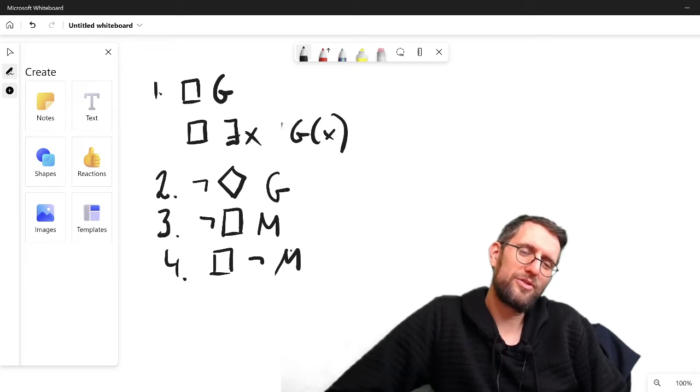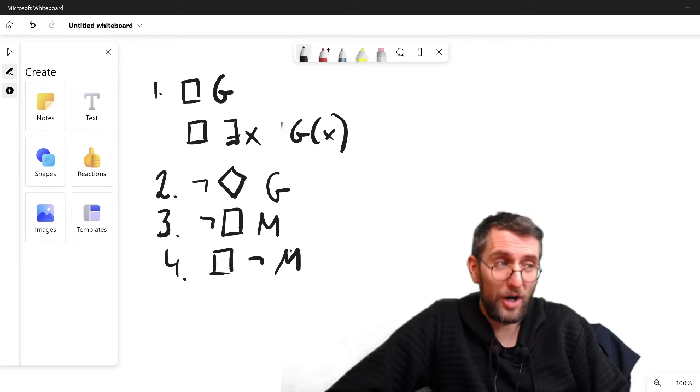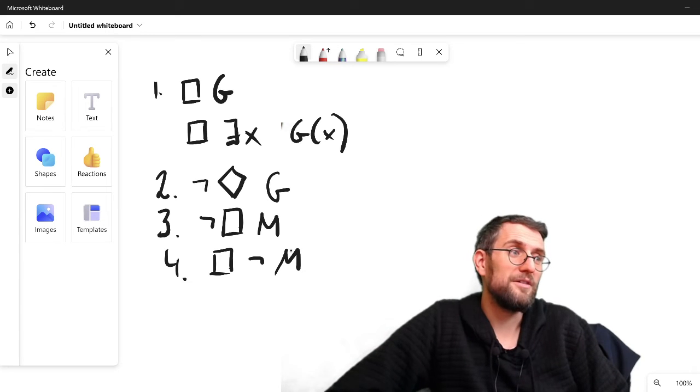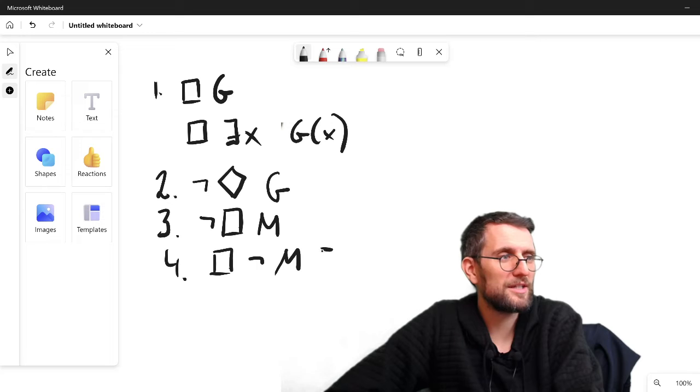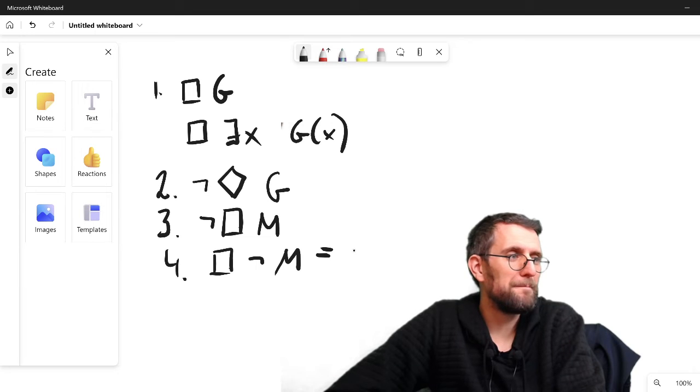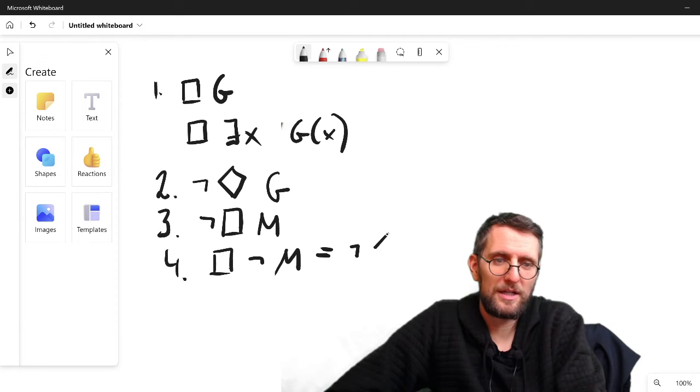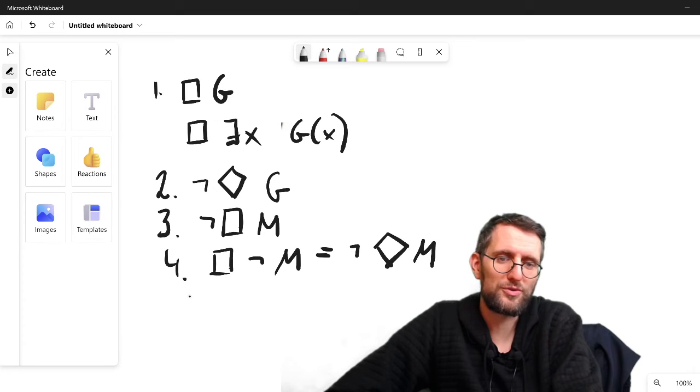Yeah, so I think third expresses that it's possible that there is matter, right? So we could also write it like this: it is not possible. I think there will be some transformation rules that we can also write it like this.